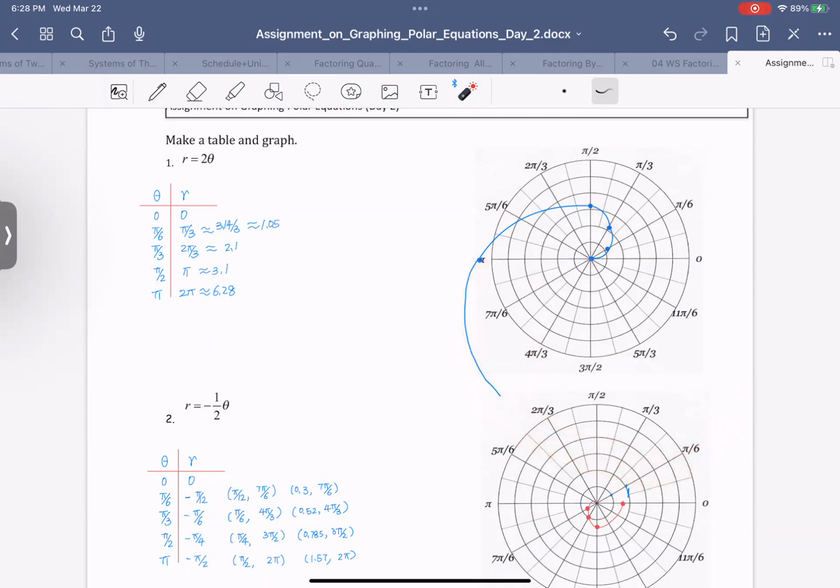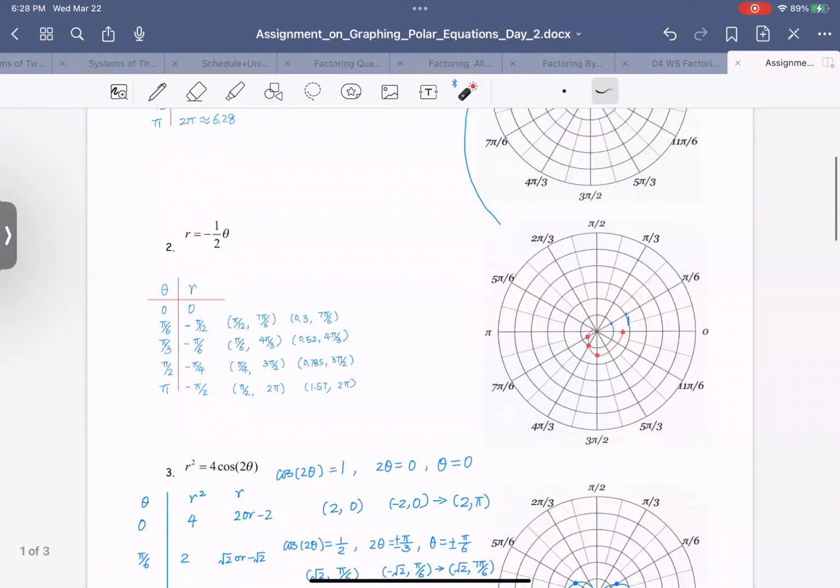Okay, so for a question like number 2, I don't need to extend the graph. I think this one we might have to extend a little bit longer. We give a few extra points we can graph. This is not too hard, right?